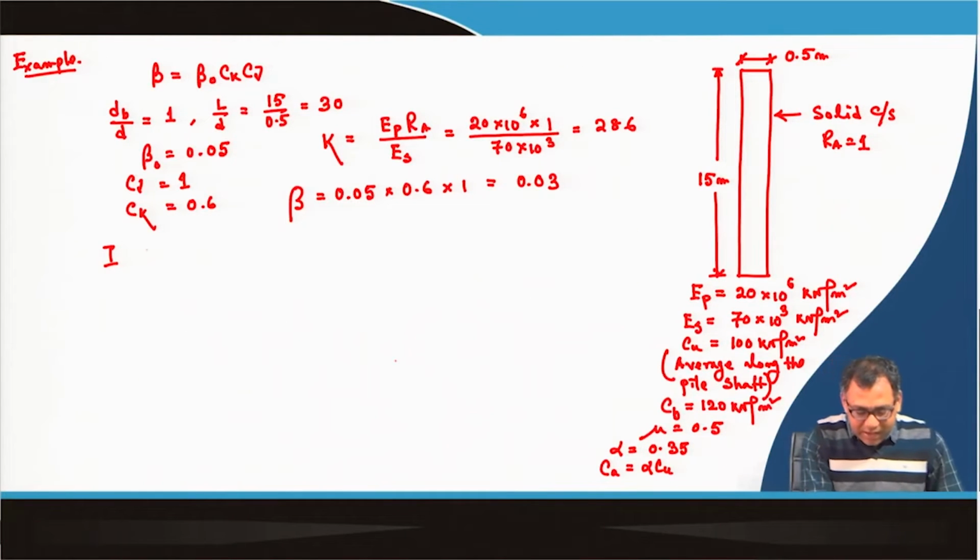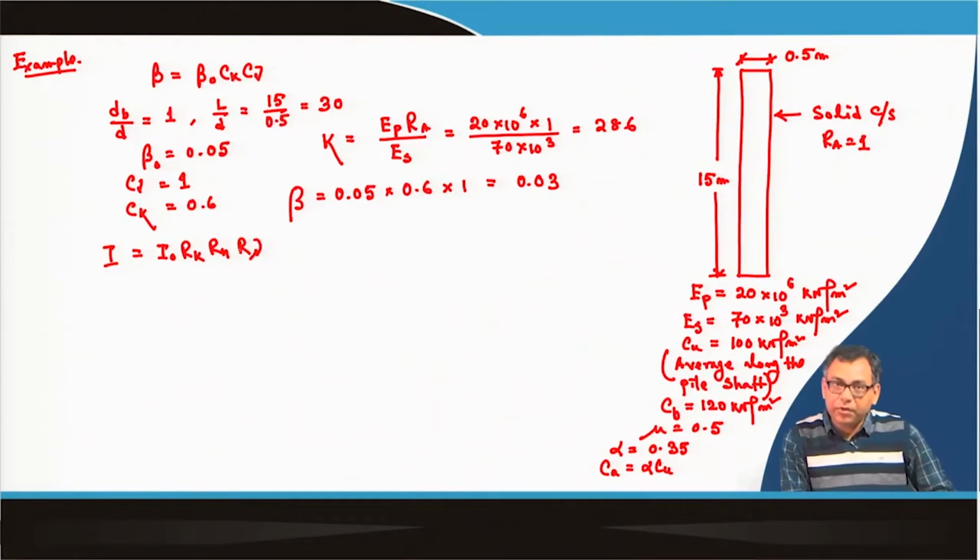So, that means I is given as I 0, R k, R h and R nu, and that is also for floating pile, and for end bearing pile there will be different corrections. For end bearing pile there will be R b, similarly C b, but here it is a floating pile. So, we are not taking those R b or C b values.